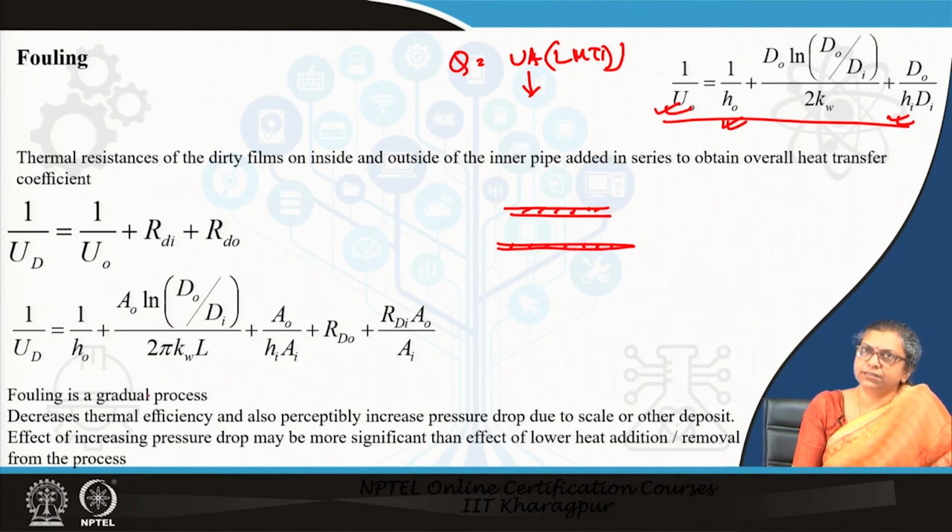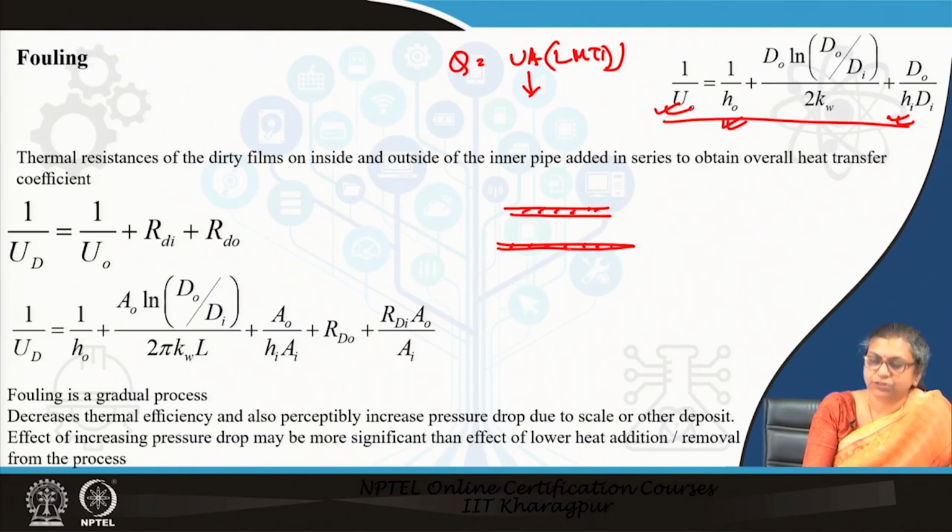If you want a heat exchanger to operate over a long period of time, then you need to consider the fouling factors, and you need to incorporate them in the calculation of the design overall heat transfer coefficient, so that using this particular UD, the A that you calculate will be greater than the area which you would get without considering the dirt factors.